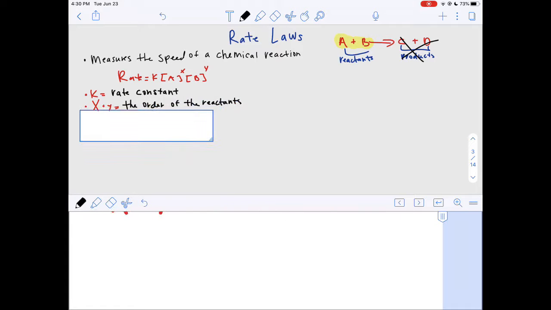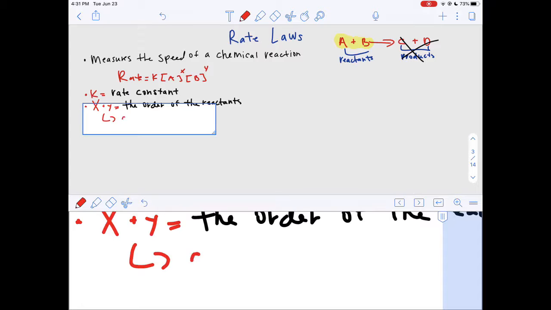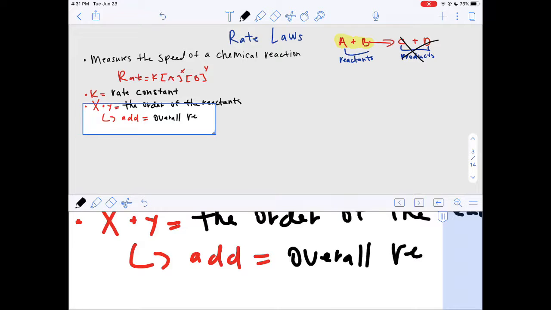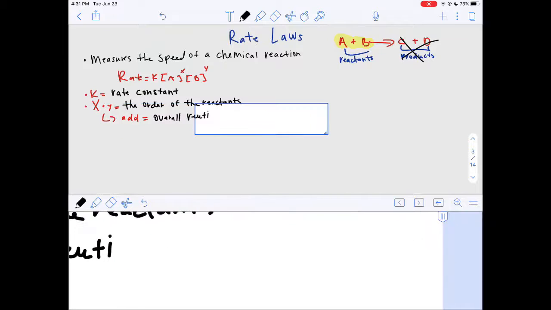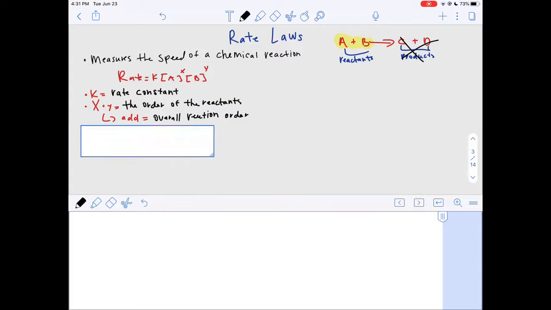When you add those two exponents together, you get the overall reaction order, and I'll show you how to do that in a second. That determines the overall speed of the whole reaction, not just element A or element B.